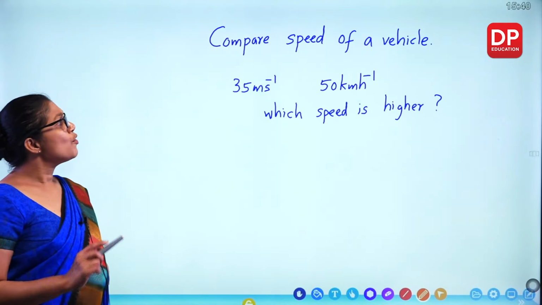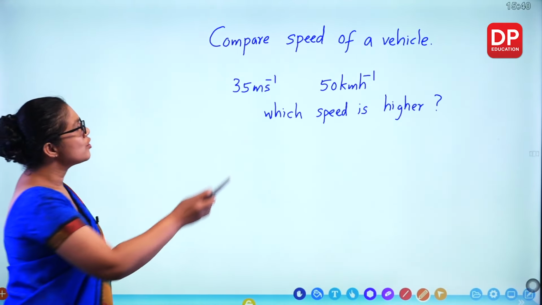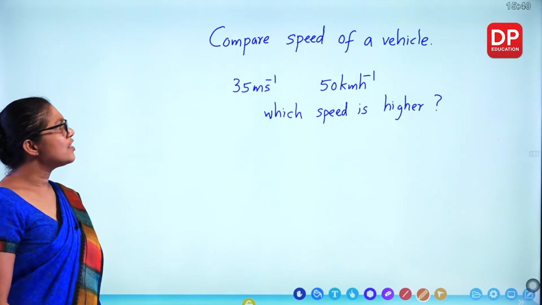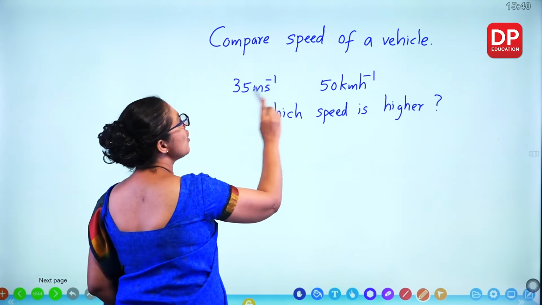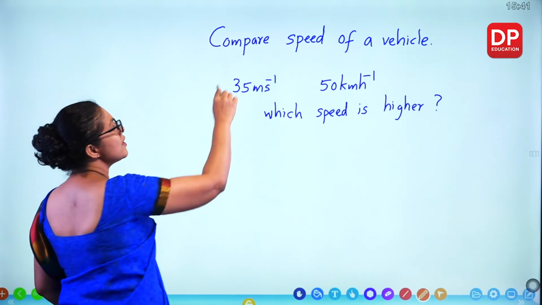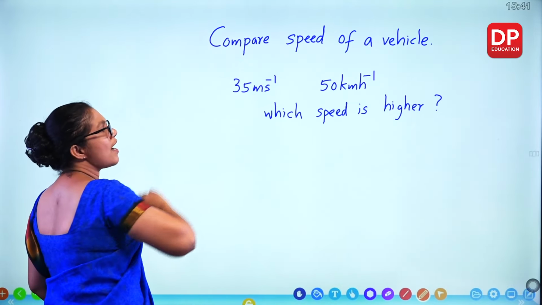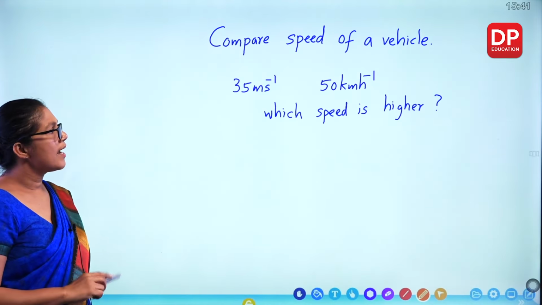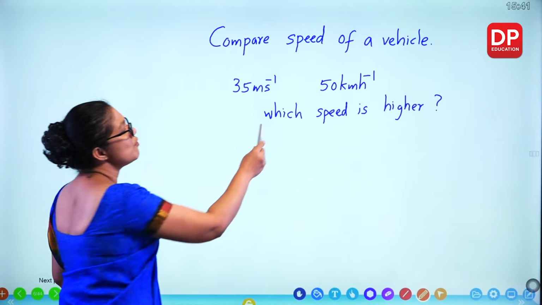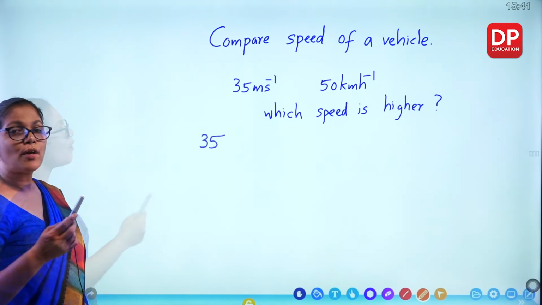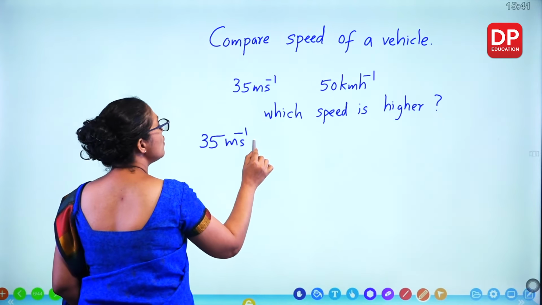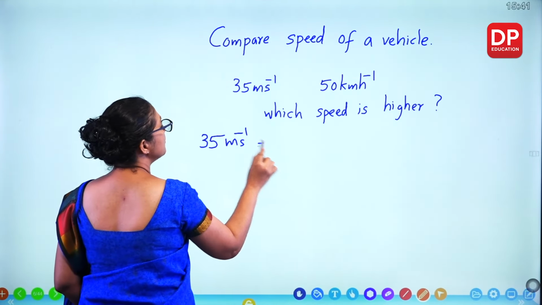Now, if you want to compare two speed values, what do we do? We can't just compare these two because the units are different. So what we can do is convert one measurement to the other one and then look at which one is smaller or bigger. Then we can decide which speed is higher. Now we'll take 35 meters per second and try to convert to kilometers per hour.